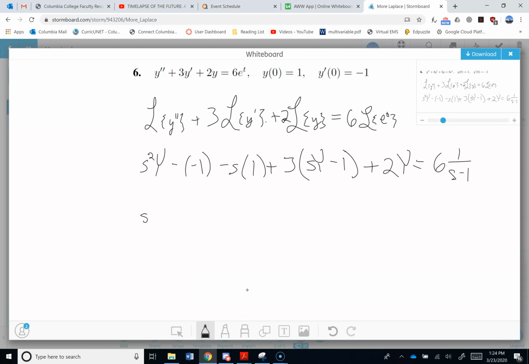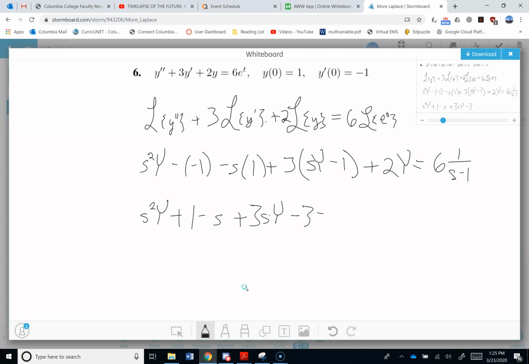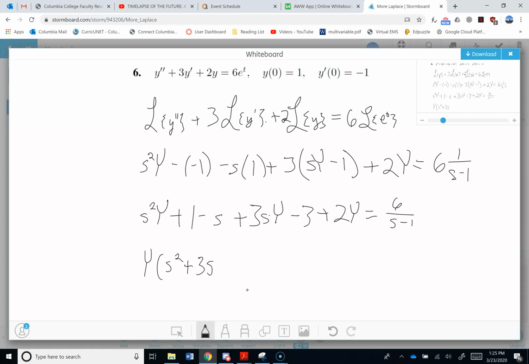Yeah. Okay, so let's see. Simplifying a little bit, I got s squared Y plus 1 minus s plus 3sY minus 3 plus 2 capital Y is 6 over s minus 1. Which, factoring out a capital Y, is Y times s squared plus 3s plus 2.